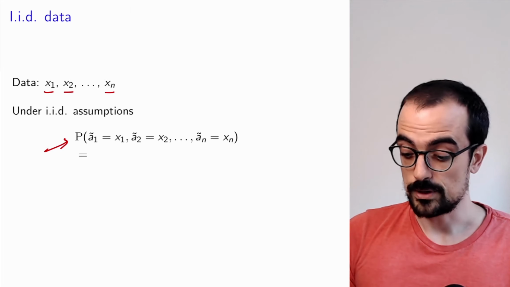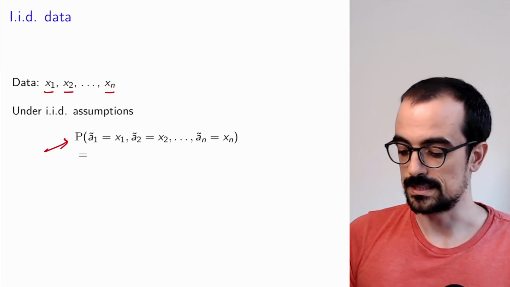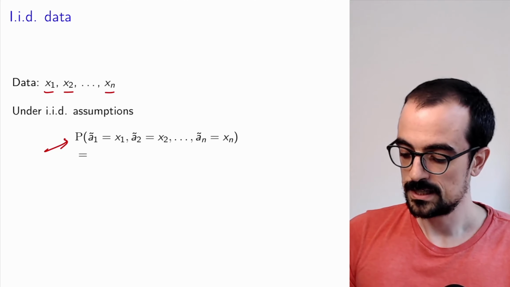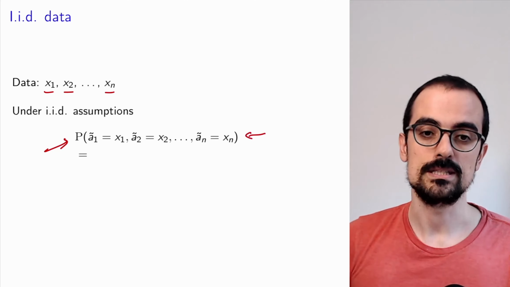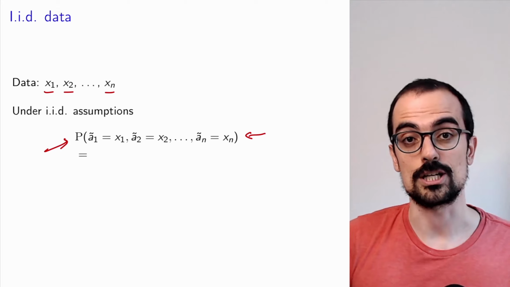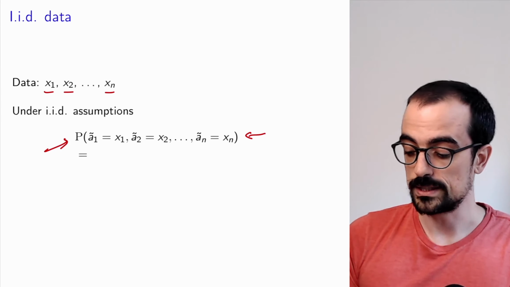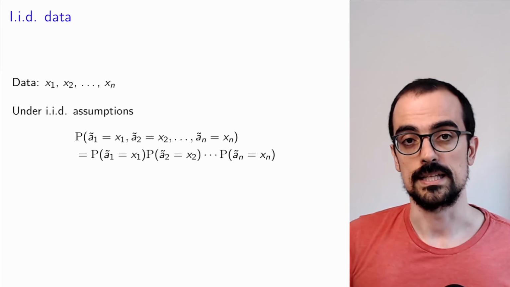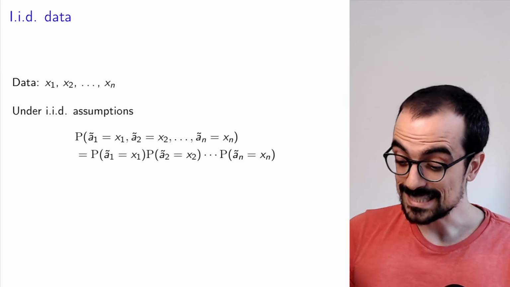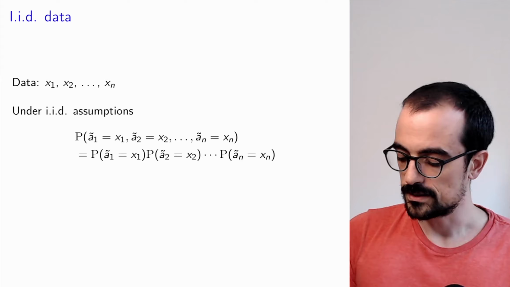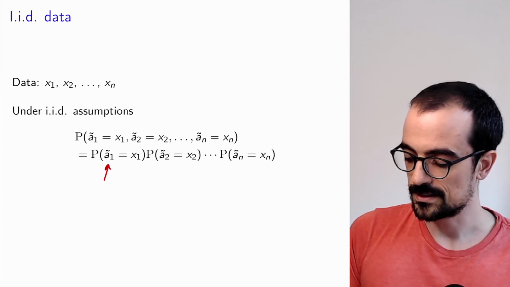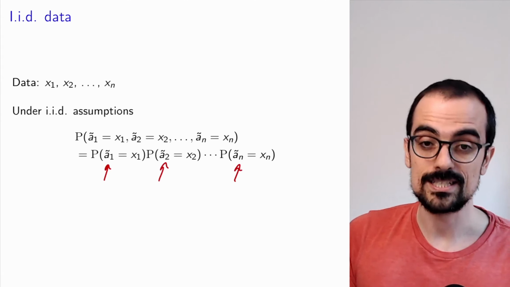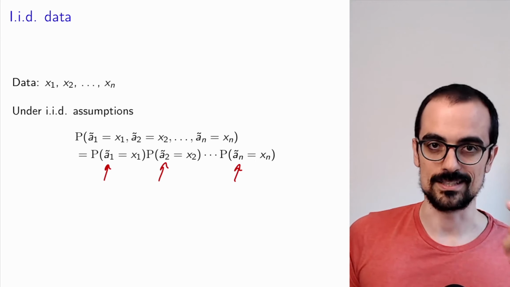If we assume that the data are IID, this probability is a probability of the intersection of several events which are all independent. So it factorizes into the product of the probability of the individual events. But now we're also assuming, apart from independence, that each of these has the same PMF, which is the parametric PMF that we're interested in fitting to the data.